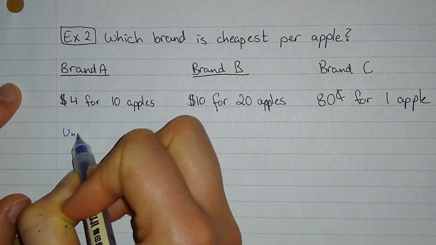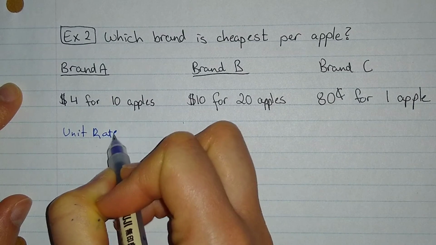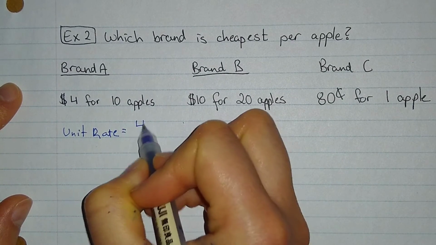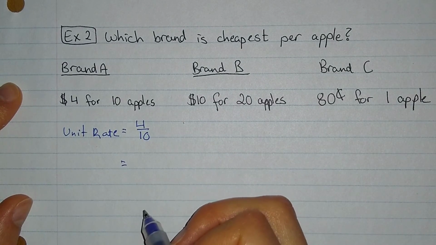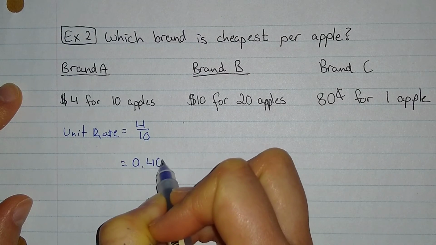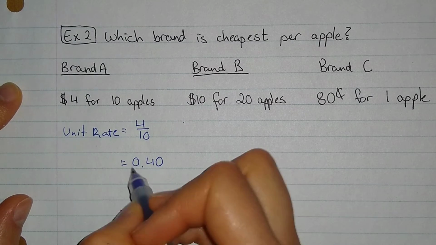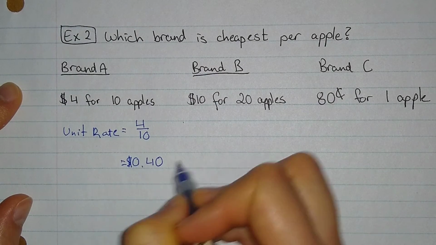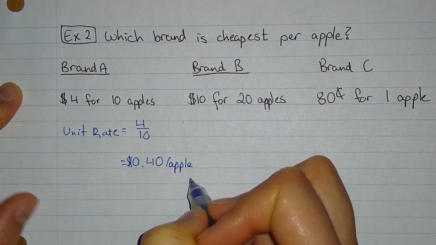The unit rate will be 4 over 10, which is 0.40. So what that means is 40 cents per apple. So one apple costs 40 cents.